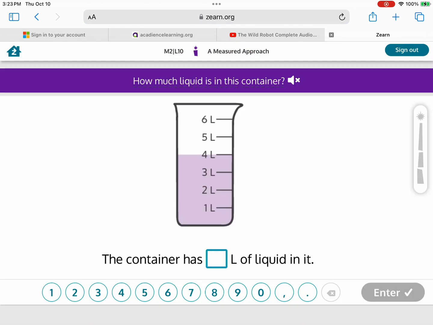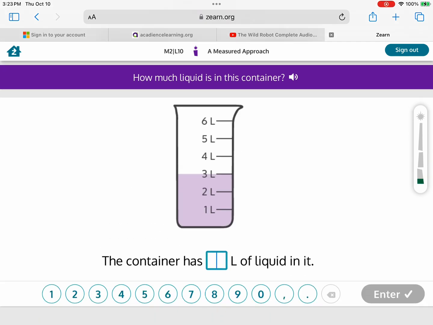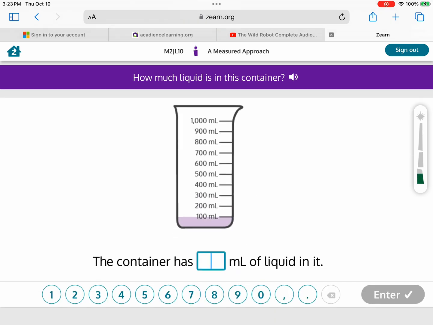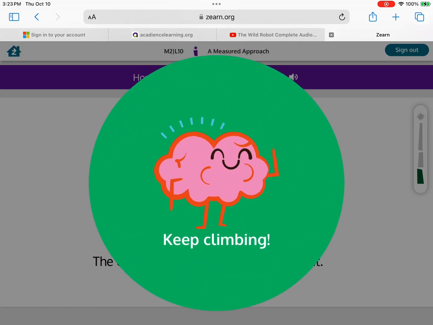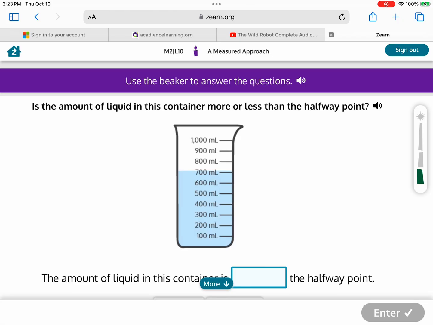How much liquid is in this container? Use the beaker to answer the questions.